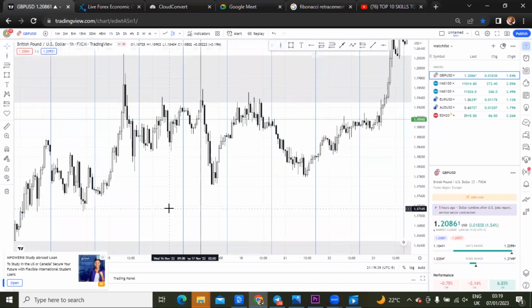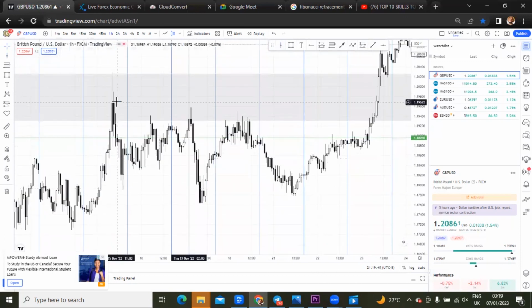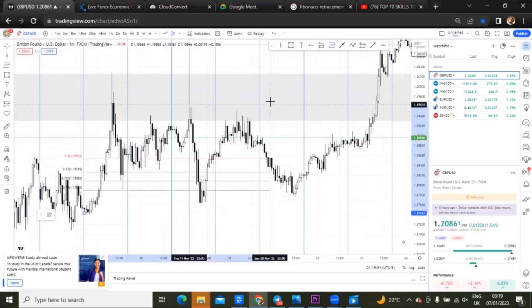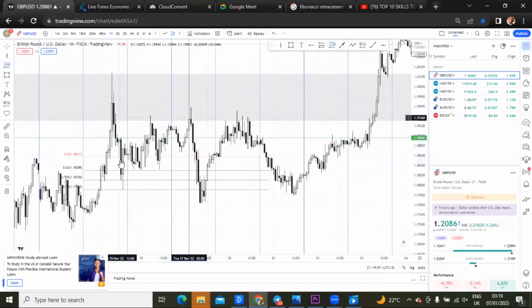Where can we draw our fib in this market condition? Because as you can see, we are still on an uptrend, and a fib long has been used already. Price has already retraced below this red line. So drawing a fib long right here is a very dumb thing to do. So at this level, there is nothing we can do.